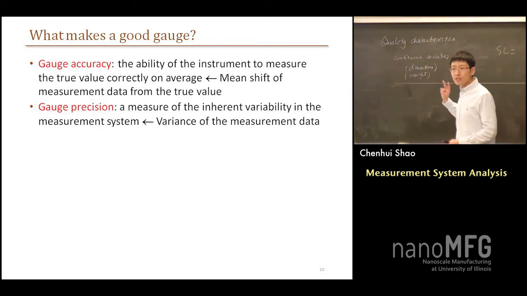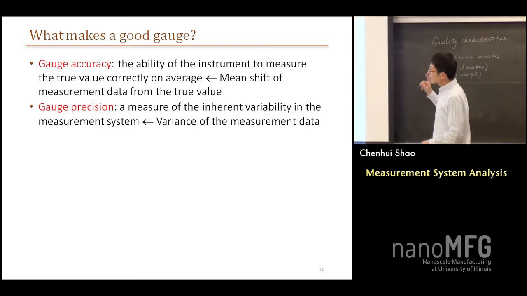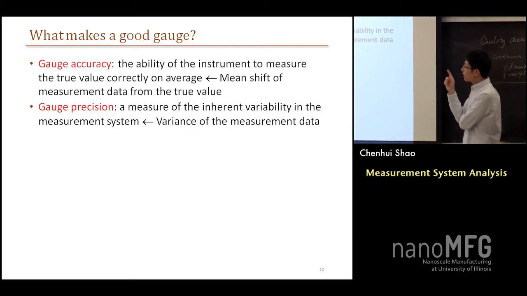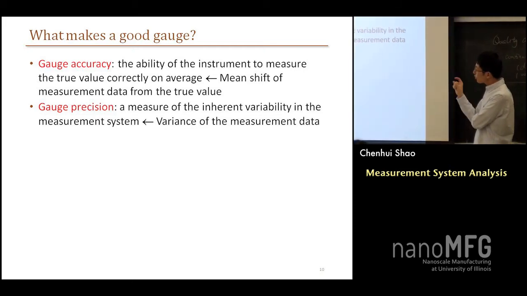So there are at least two dimensions, alright? One dimension is gauge accuracy, which is the ability of the instrument to measure the true value correctly on average. That's the case, on average. The gauge accuracy does not consider variability. As long as the average is close to the true value, the gauge has good accuracy.